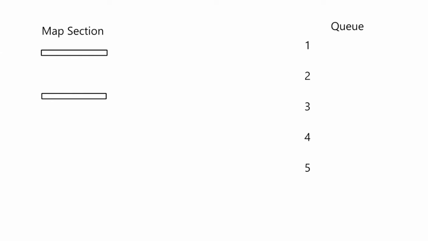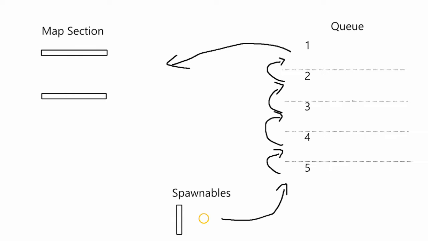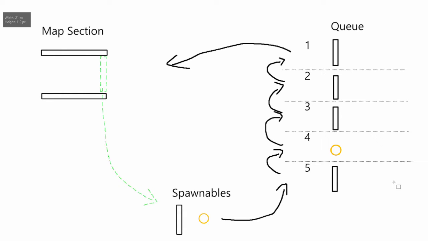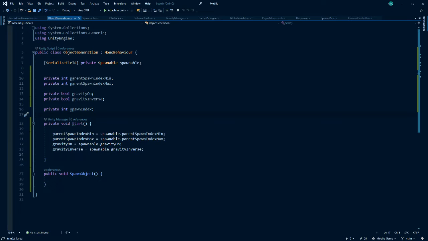So the spawnables like the obstacles and the energy coin will queue up, and just like a queue in real life, whatever first comes into the queue will be the first to go. So if the objects queue up as obstacle, obstacle, obstacle, energy coin, and then obstacle, it will spawn in that exact order. This way, there will be no clutter of game objects on top of one another, and I could effectively write one script to handle all, or at least most, of the spawnable objects.